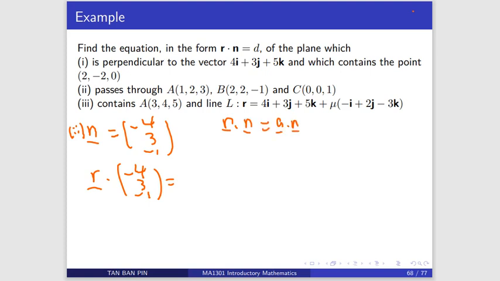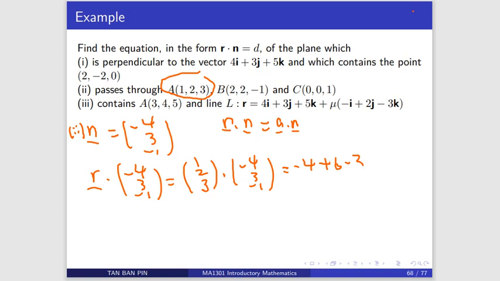A is any point on the plane, so you can choose (1, 2, 3). So use (1, 2, 3) dot with (-4, 3, -1). You can work this out: it will be minus 4 plus 6 minus 3, which gives you minus 1.